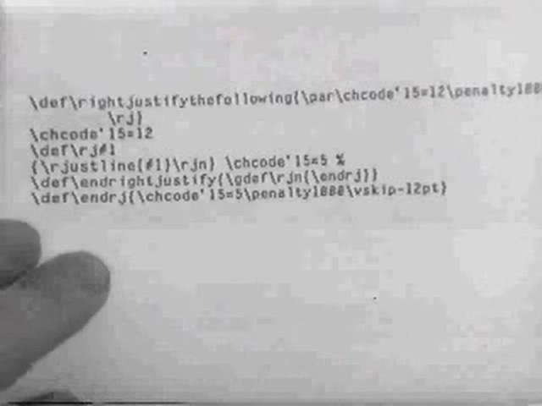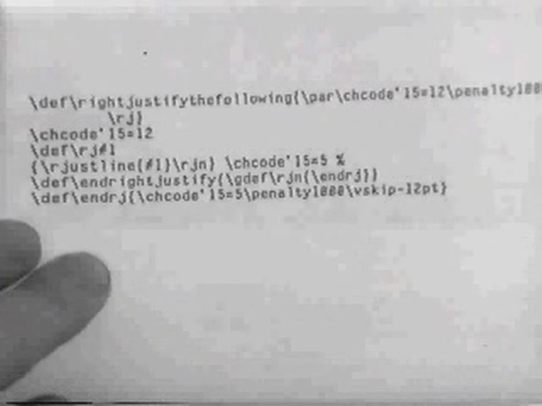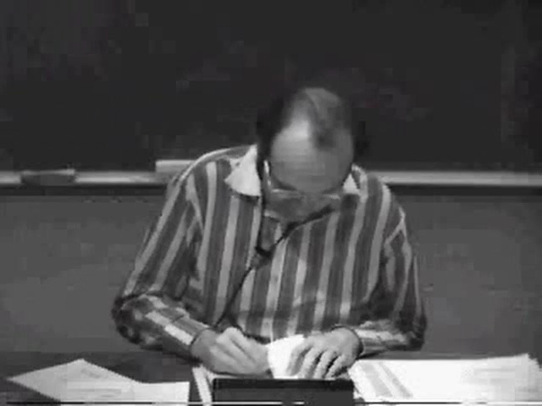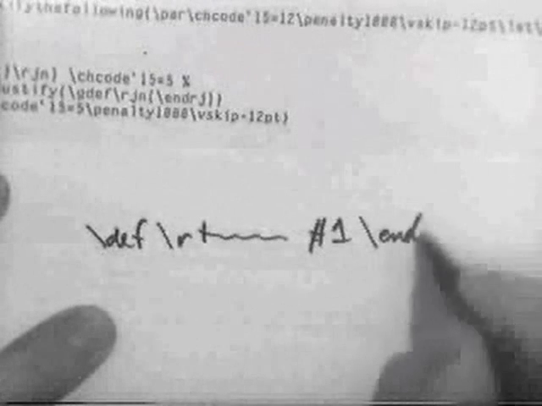Question? Here. Could you have used some technique in which you have the... Okay, yes, that's a good question. So this was right justify the following, number one, and then end right justify.